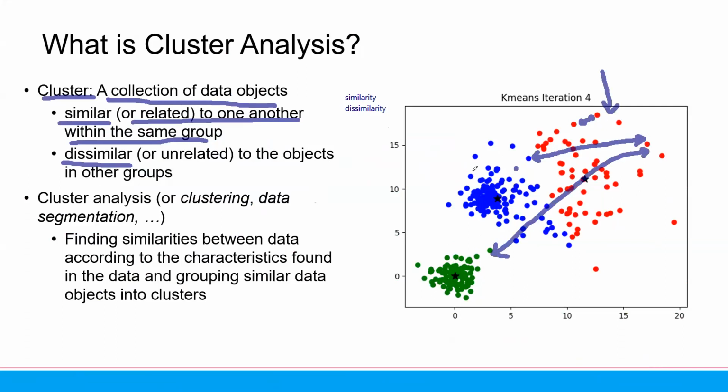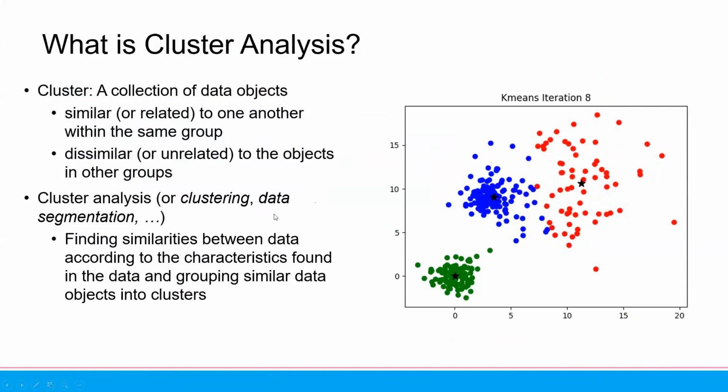So similar objects are in the same group, but dissimilar or unrelated objects will be in other groups. So for cluster analysis, we can use clustering or data segmentation. We want to find similarities between data according to the characteristics found in the data and group similar data objects into clusters.